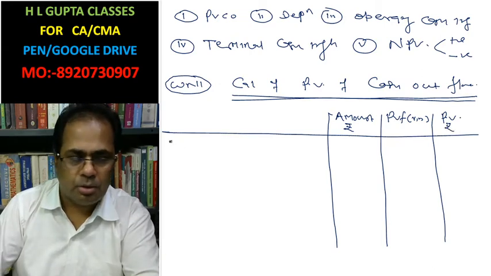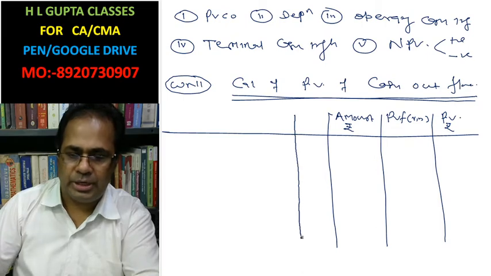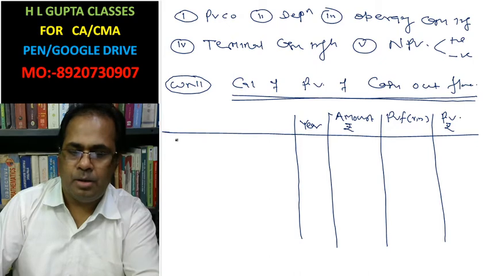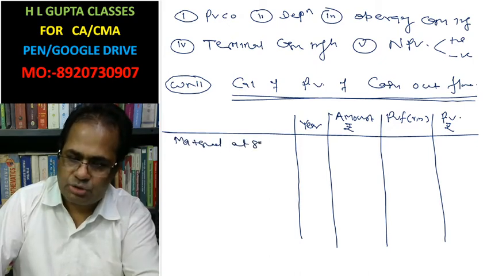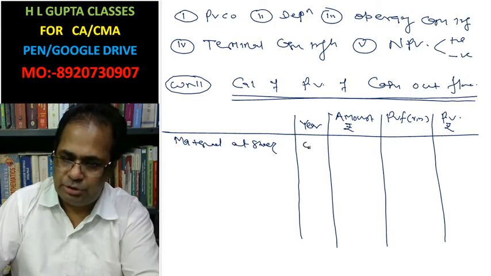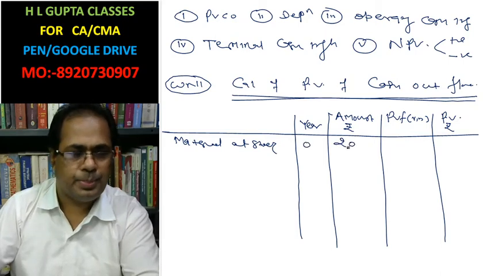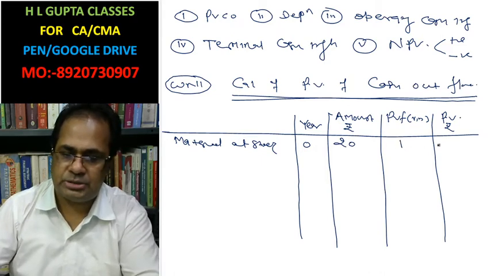Look here, material in stock. You can write the year as well. Material in stock in year 0 is 20 lakh. The present value for year 0 is this, 20 lakh.